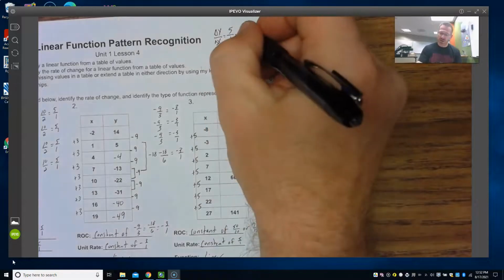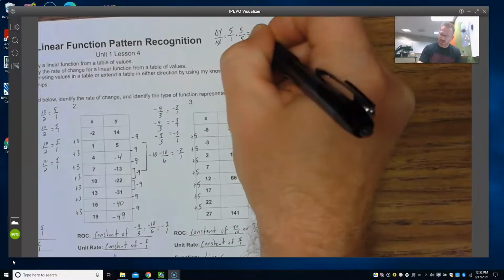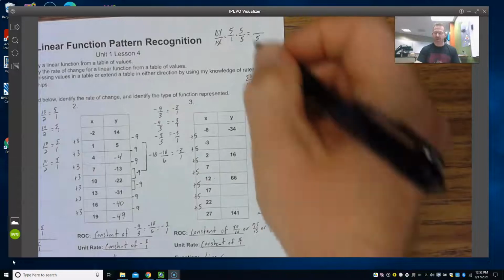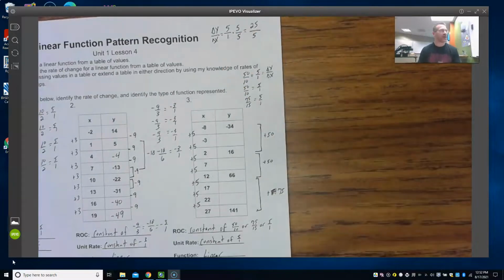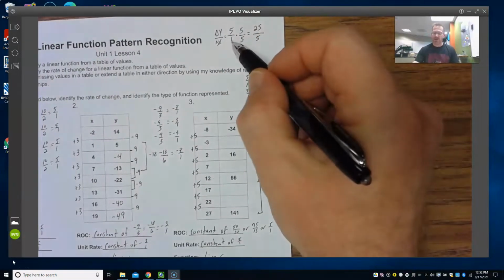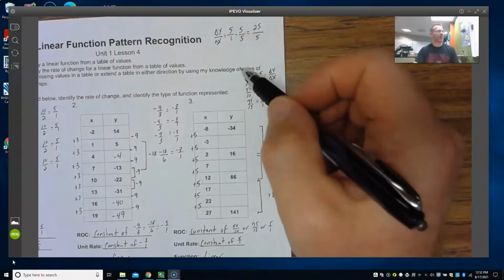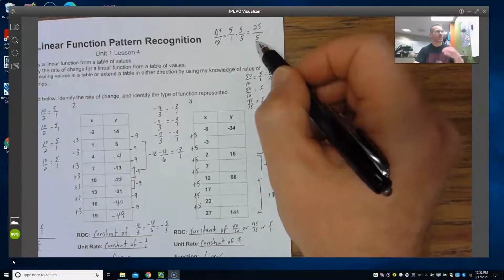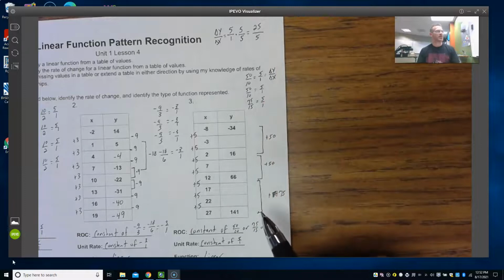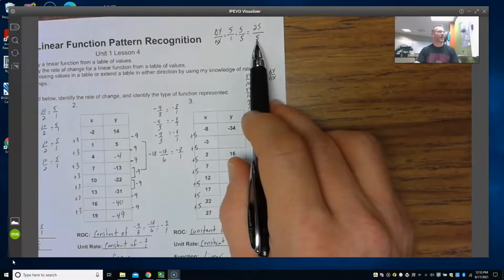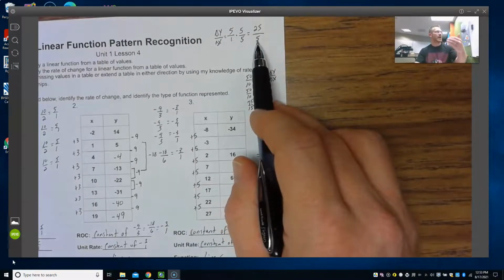And what this tells me is that 1 times 5 is 5, and 5 times 5 is 25. And that kind of makes sense. For every step, I increase by 5, so if I go up by 5 steps, 5 times 5 is 25. What that is telling me is that every time x increases by 5, y has to increase by 25.